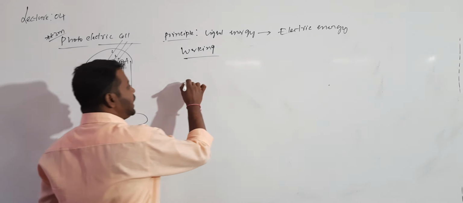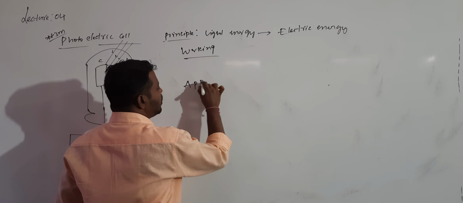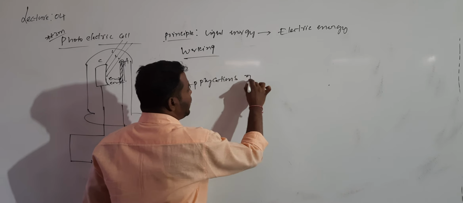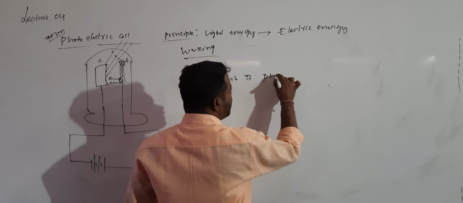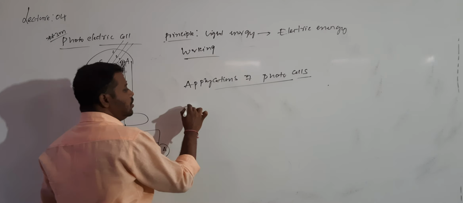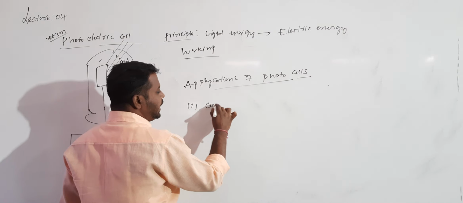And what are the applications of these photocells? Applications are another important question for 3 marks. Many applications are there. Photocells are used in counting devices.